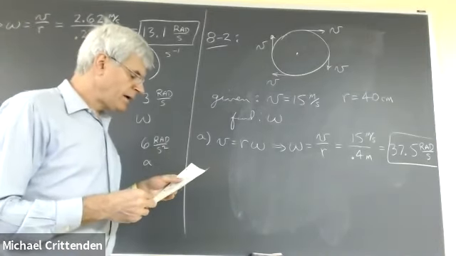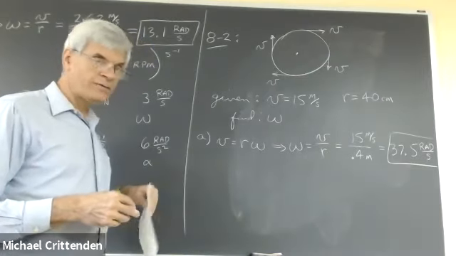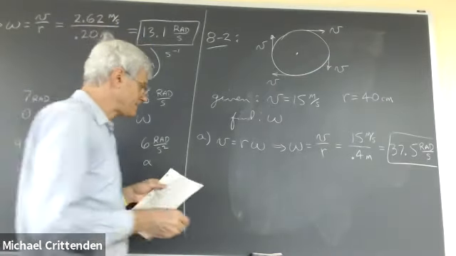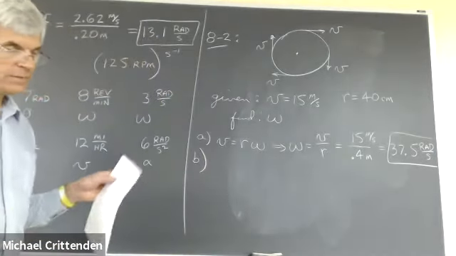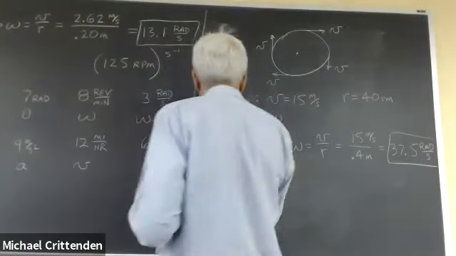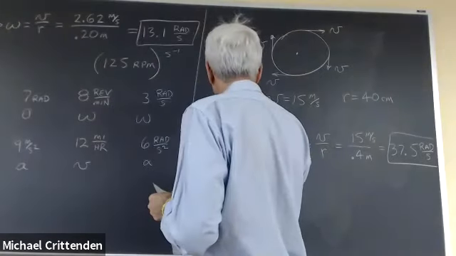Part B asks for the equivalent number of revolutions per minute. And this is just a unit conversion similar to others that you've done before.